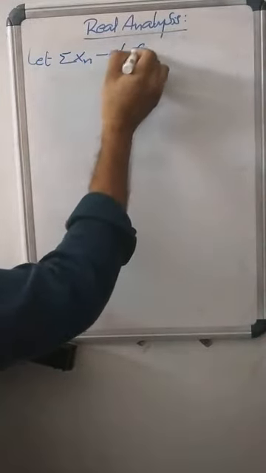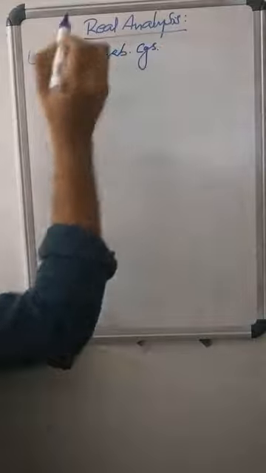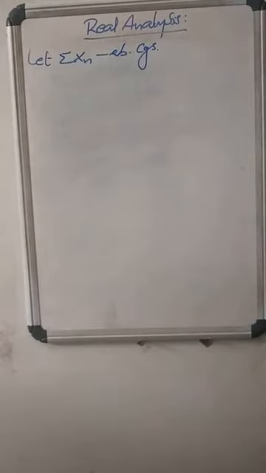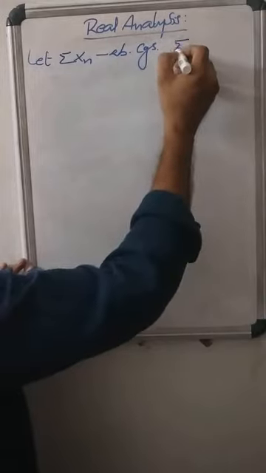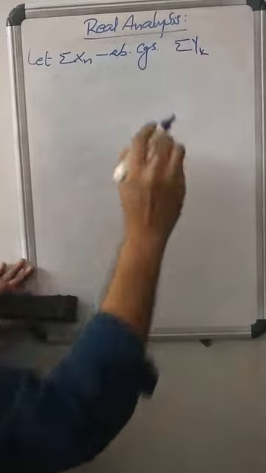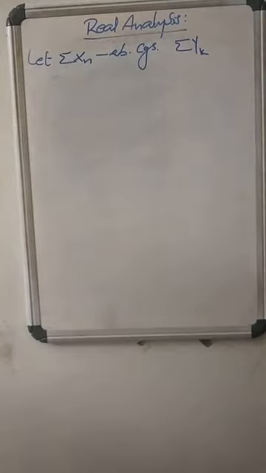Not only convergent, it is absolutely convergent, not merely conditionally, as a series in R. Then any rearrangement series sigma yk of sigma xn converges to the same value. Here sigma xn is absolutely convergent. The absolute convergence is the crucial point here.